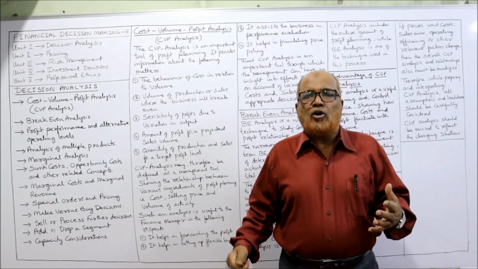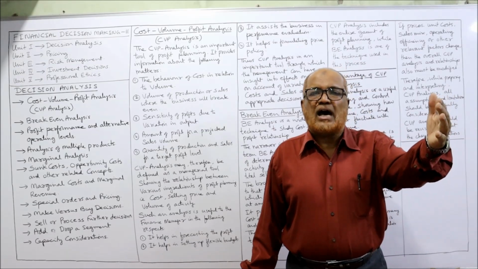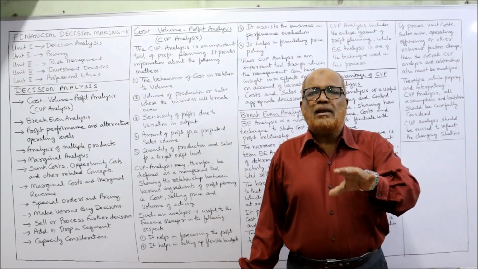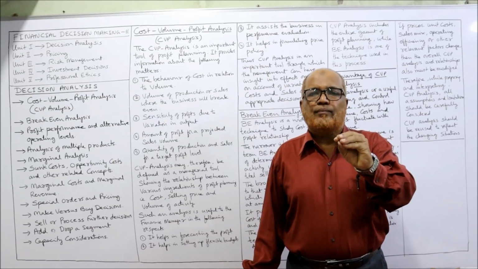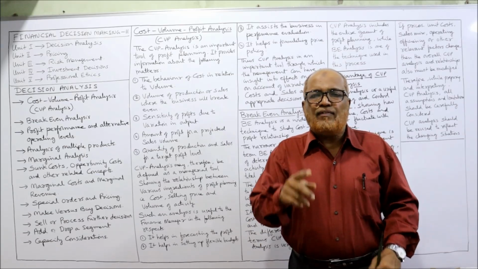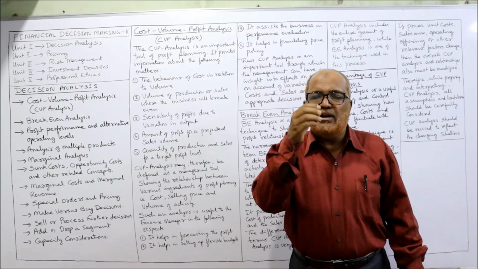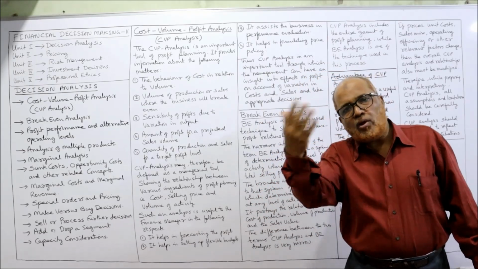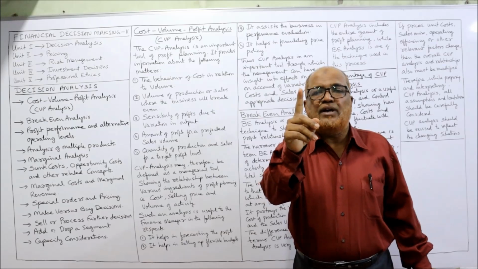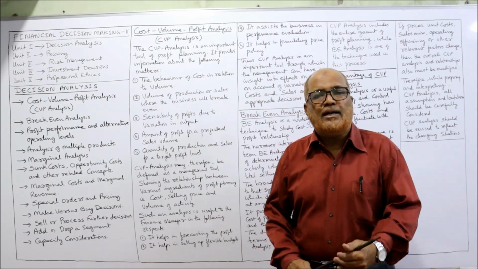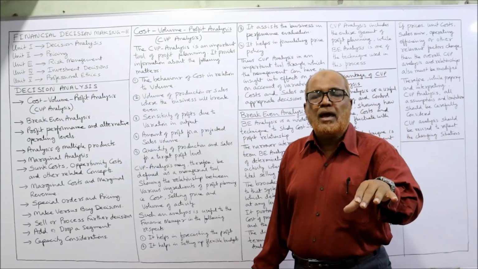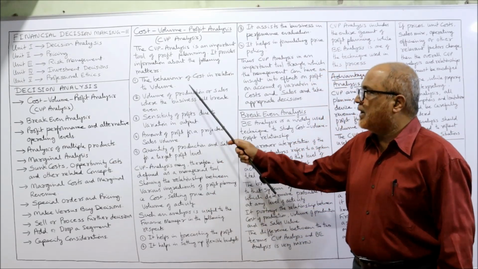I want to find out by selling how many air coolers I will be at a position of no profit, no loss. Example, if I sell 50 air coolers monthly, then my business will be at no profit, no loss. If I sell less than 50 air coolers, I will incur a loss. If I sell more than 50 air coolers, I will get a profit. At exactly 50 air coolers, no profit, no loss. That is called break even. So this CVP analysis will be helpful in finding out the break even.